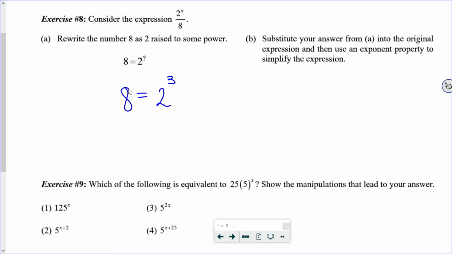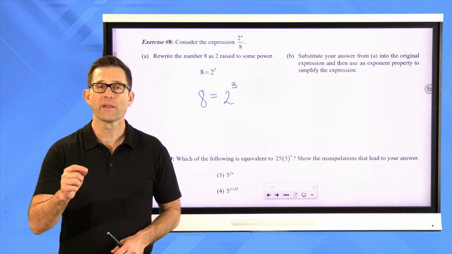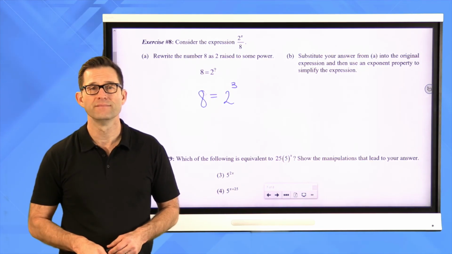Letter B. Substitute your answer from A into the original expression and then use an exponent property to simplify the expression. All right, I'd like you to try that. Pause the video now.